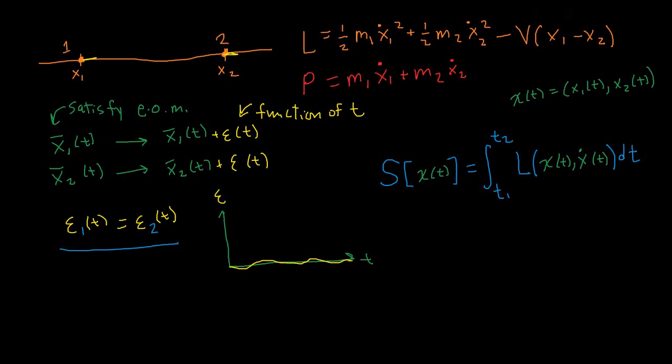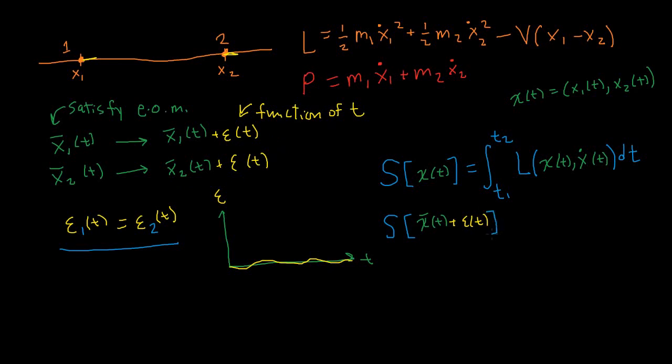Now, what I want to consider is S of x bar of t plus epsilon of t. By that I just mean this path right here, the one where I'm adding epsilon of t to both coordinates.